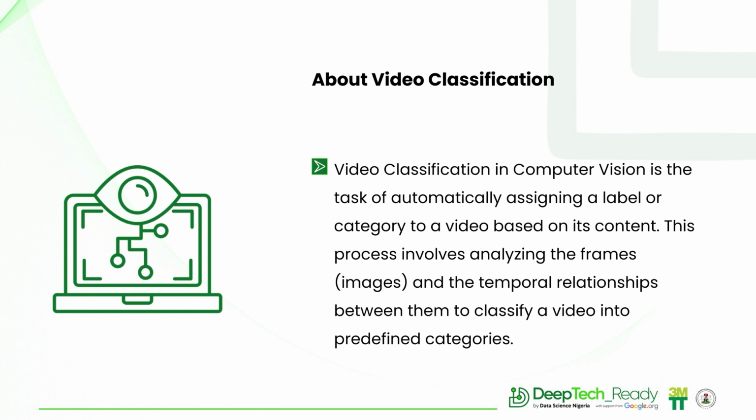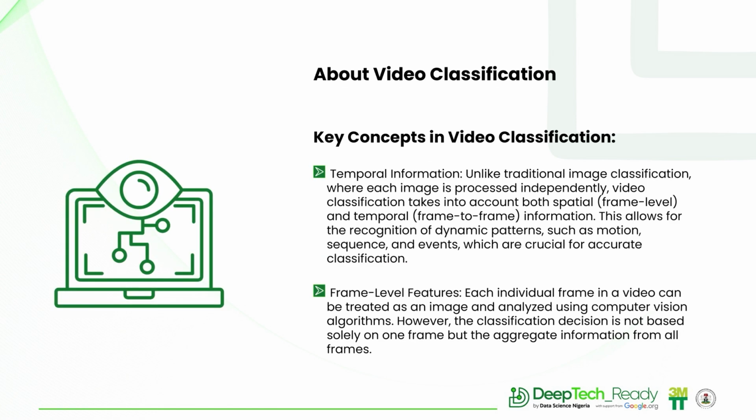So what are the key concepts in video classification? There are two things you need to be aware of: temporal information and frame level feature. Number one, unlike traditional image classification, where each image is processed independently, video classification takes into account both spatial and temporal information. When we say spatial, we are talking about frame level.